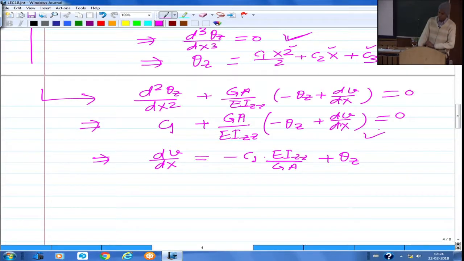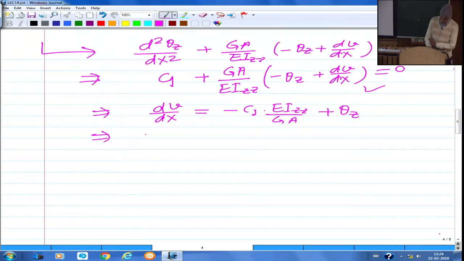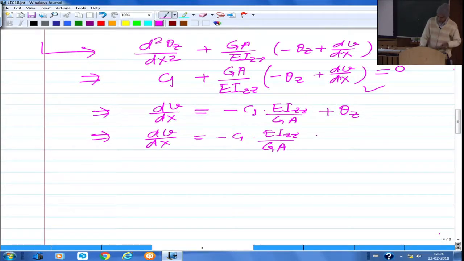And now dV by dx is equal to minus C1 into, this is of course for the given problem going to be a constant, and theta z is of course C1 X square by 2 plus C2 X plus C3. So this is the interpolation for theta z which we already got.